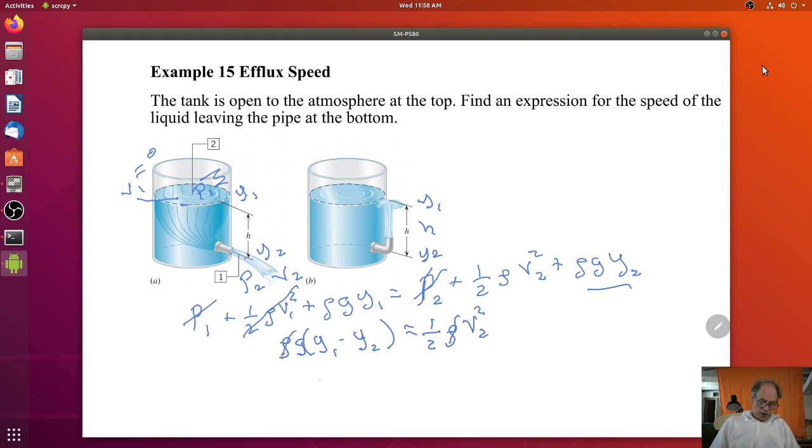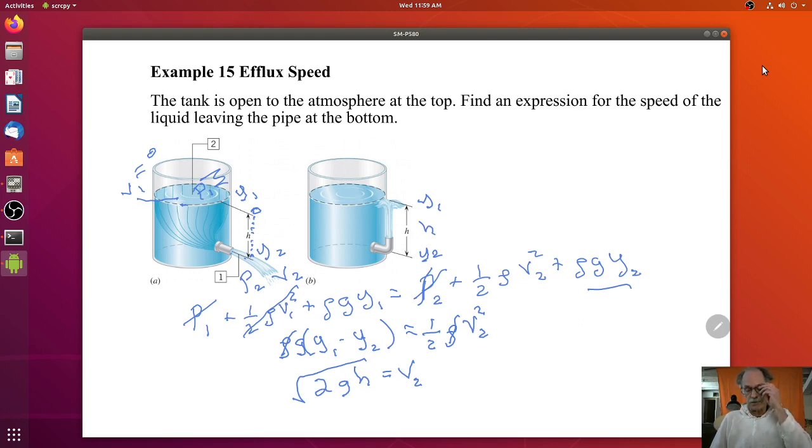I can bring the 2 over. y1 minus y2 is h. And I've got a square, so v2 is the square root of 2gh. Not too amazingly, that's exactly the same thing you would get for the velocity if I took an object here and just dropped it from rest down to here. Its velocity would be the square root of 2gh.